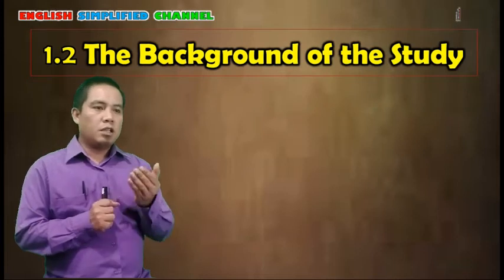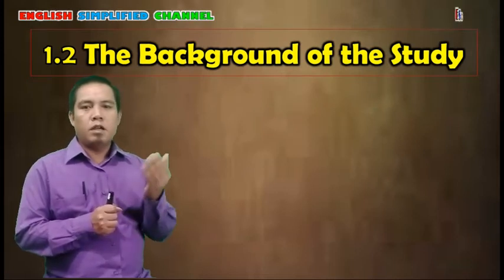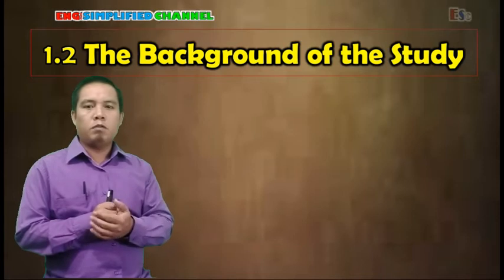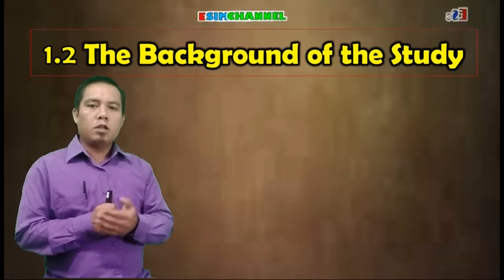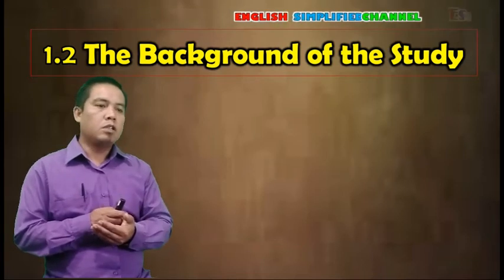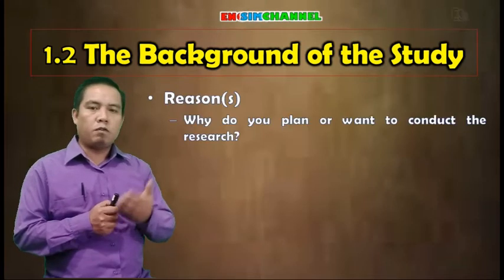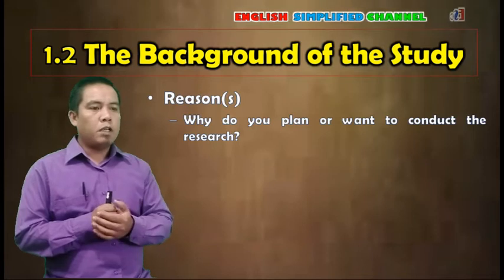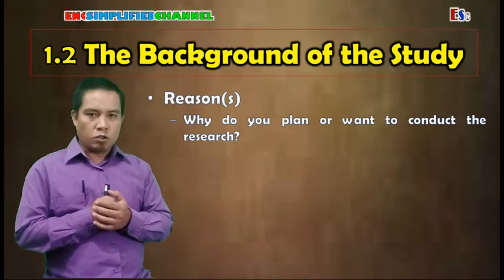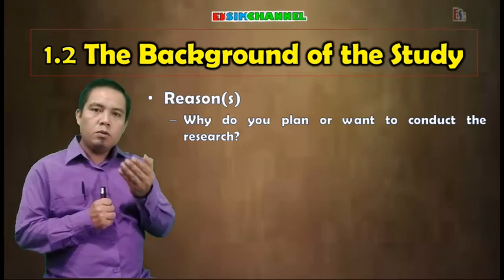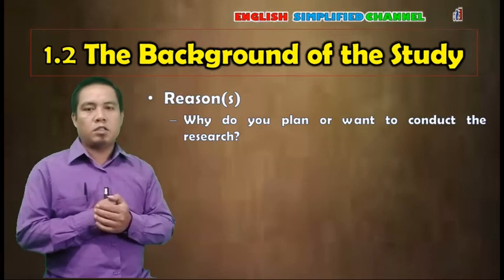The second is the background of the study. This is an important part of your research proposal because in this part you have to tell your reasons. For example, why do you plan or want to conduct the research? It means you yourself, your interest.